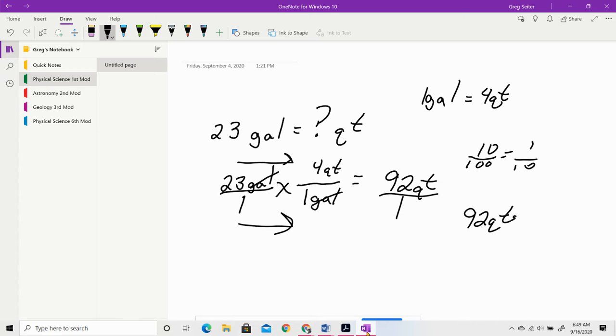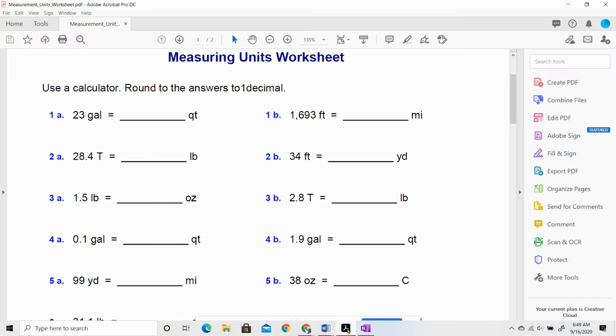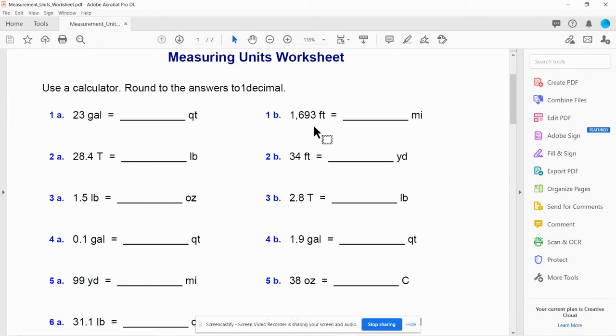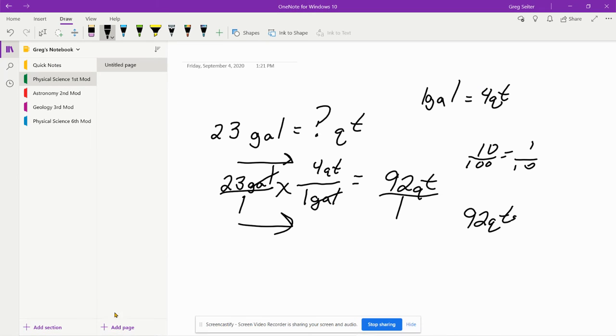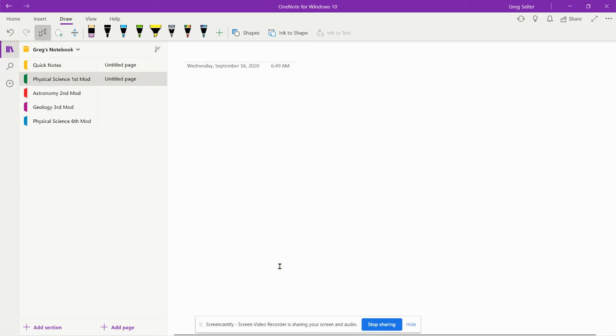Now, let's look at the next problem. 1,693 feet equals how many miles? All right. We've read the problem. We're going to write the problem down. 1,693 feet equals how many miles?